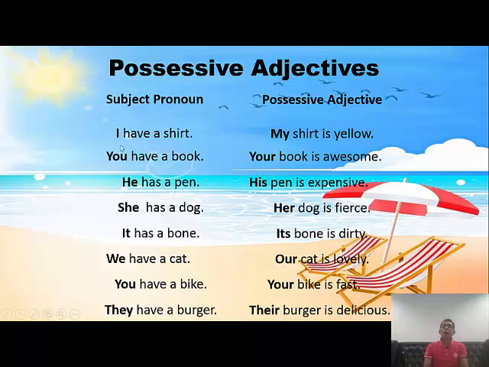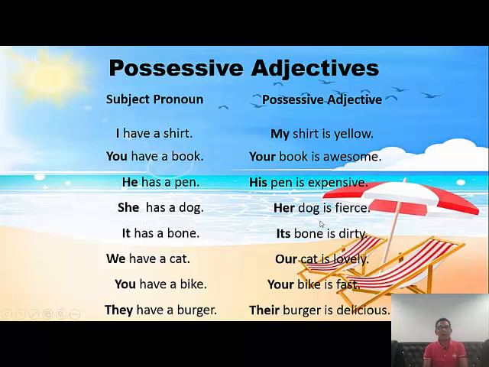Okay? So I have a shirt. My shirt is yellow. You have a book. Your book is awesome. He has a pen. His pen is expensive. She has a dog.